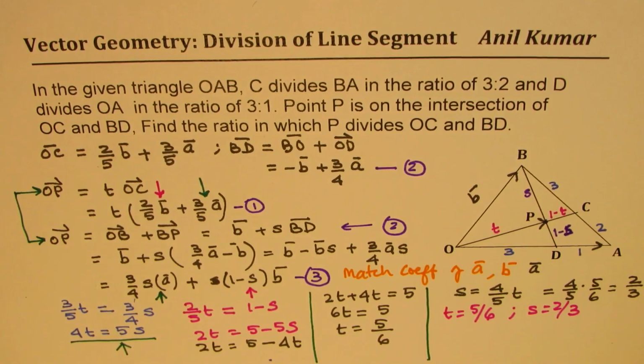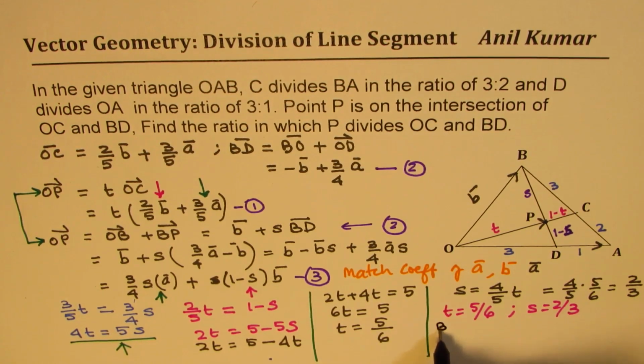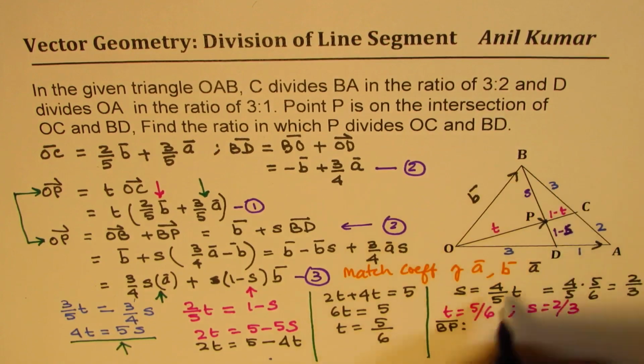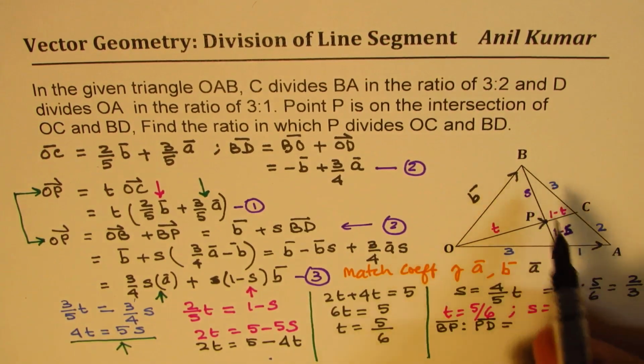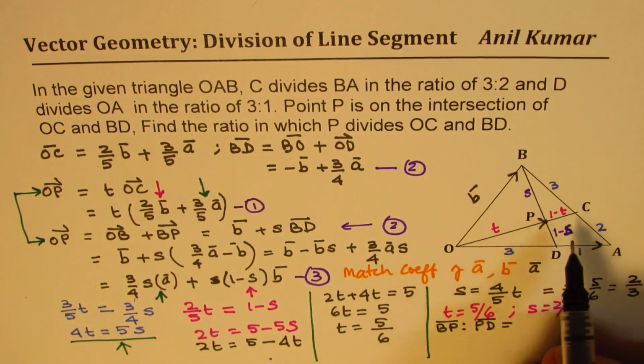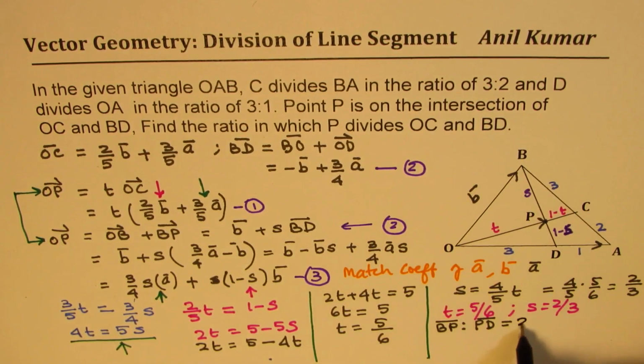So we can now say that the answer is that the ratio BP is to PD, so this side, is equal to what? S is 2 over 3, so this portion is 2. The total is 3, so it is 2:1. Is that clear?